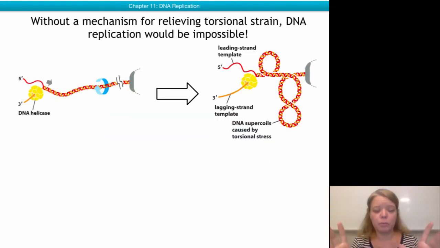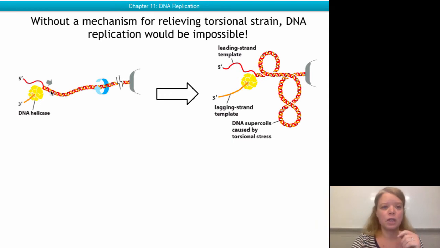So let's look very briefly at how topoisomerase works. You guys can see again that here's the helicase moving along the DNA and unwinding it. And because it's unwinding it in this area, the DNA is becoming more tightly wound in this area. And the end result of this would be the supercoil forming.